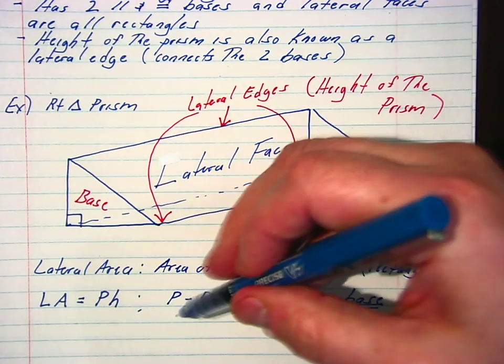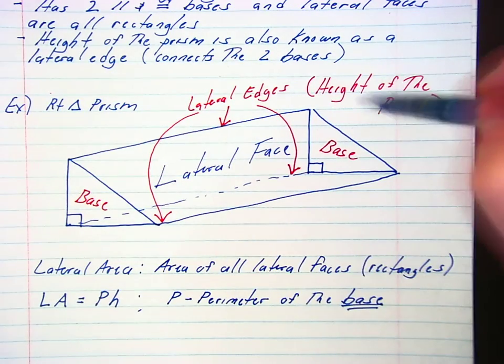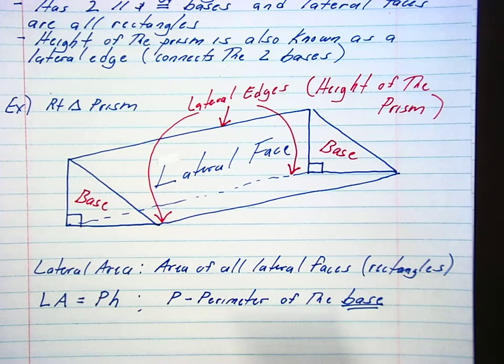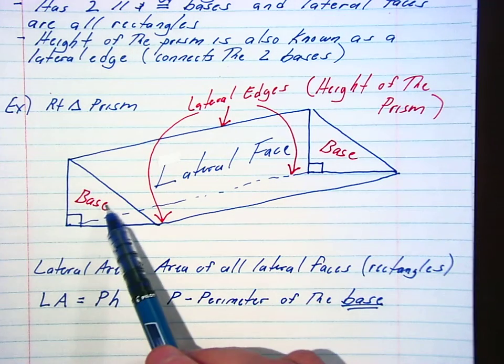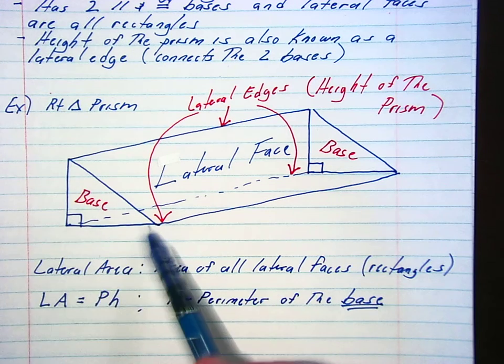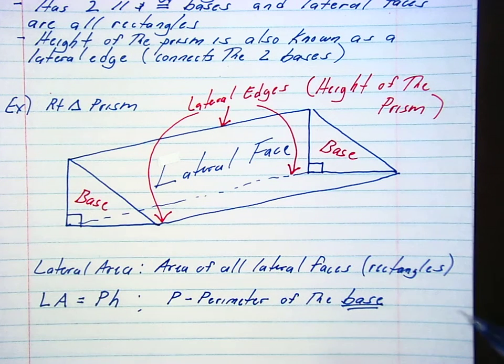You can't just say perimeter. Three-dimensional shapes don't have perimeter. Two-dimensional shapes have perimeter. So we have to go to the base, which is either this triangle or this triangle, and we're going to find the perimeter, which means find all three sides and add them up. That'll give us the perimeter of our base.